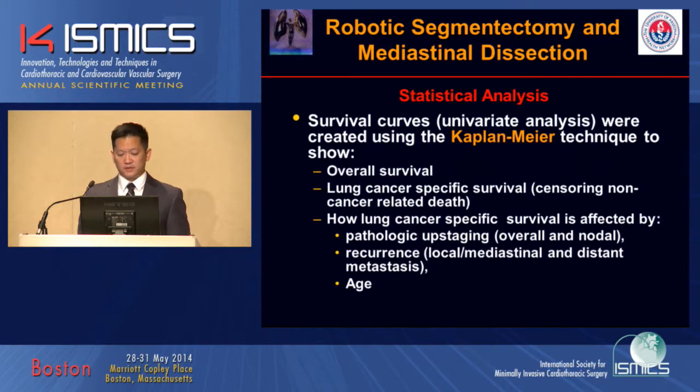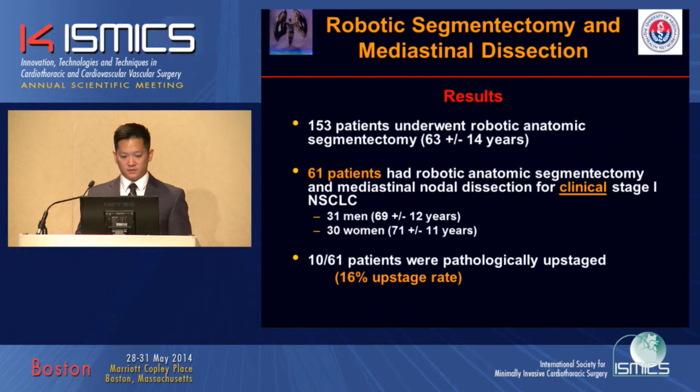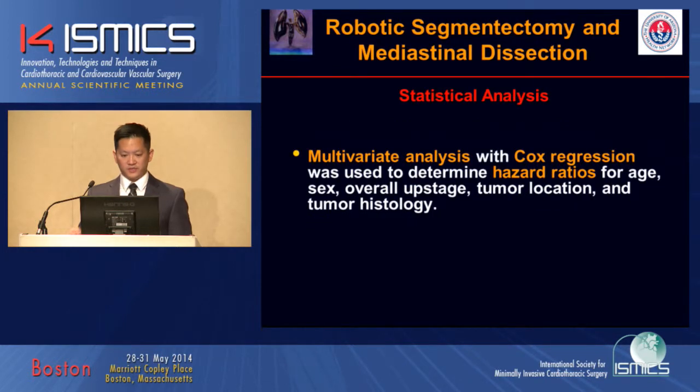We also looked at how lung cancer-specific survival is affected by pathologic upstage, recurrence, and age. In addition, we performed a multivariate analysis with Cox regression to determine hazard ratios for age, sex, overall upstage, tumor location, and tumor histology.